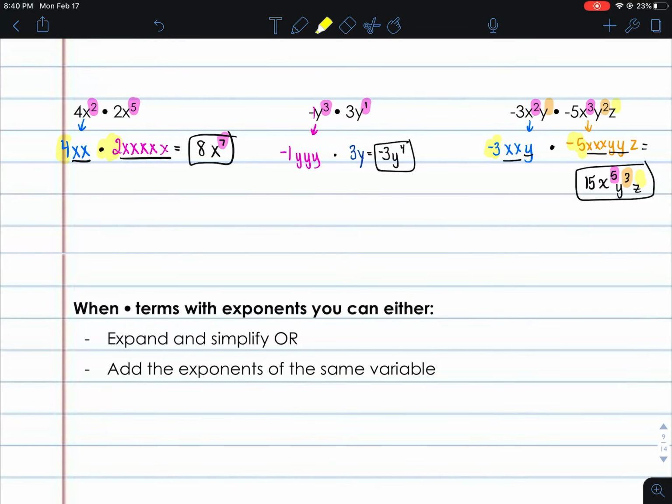So there's two ways you want to have this. Like I said, everything on this slide, make sure you're writing it down. When you're multiplying terms with the same exponents, which is what all those examples were above, you can either expand and simplify, or you can add the exponents of the same variable.